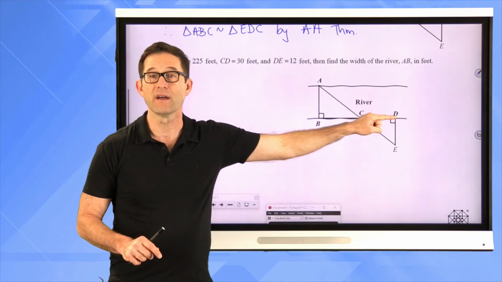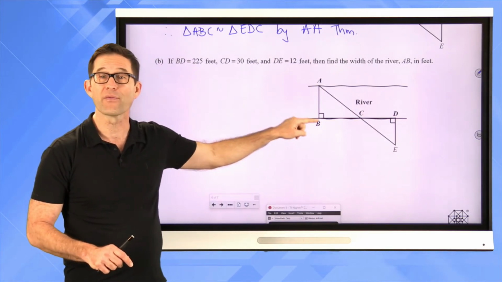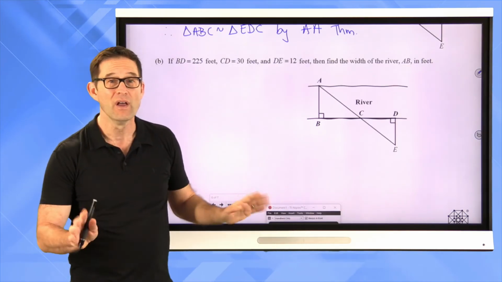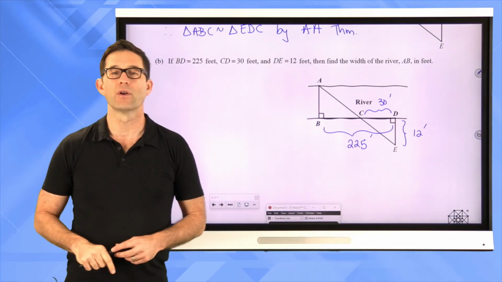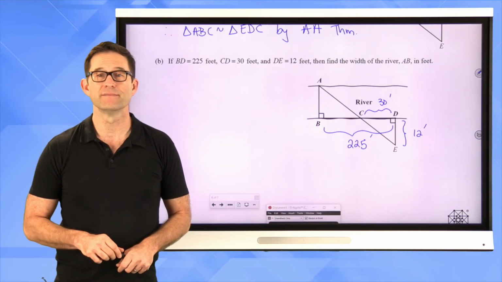It would be easy enough to find this length here. What would be hard is figuring out the length across the river. I mean, again, tape measure, not easy to do. So what do we know? At this point, we know that BD is 225 feet. We know CD is equal to 30 feet, and we know DE is equal to 12 feet. See if you can figure out what the width of the river is, AB, in feet.